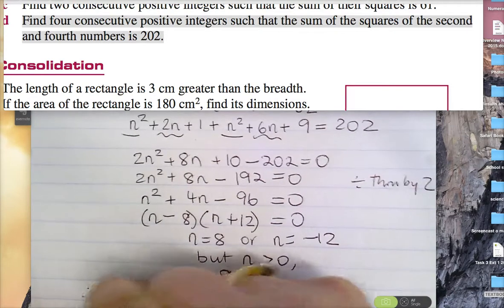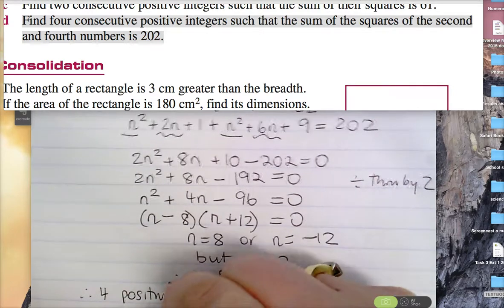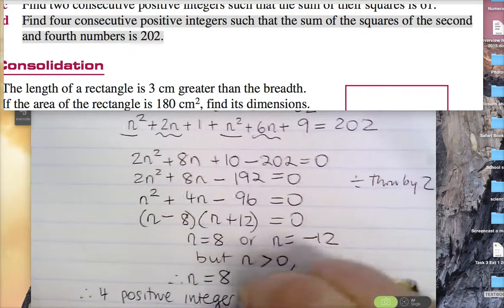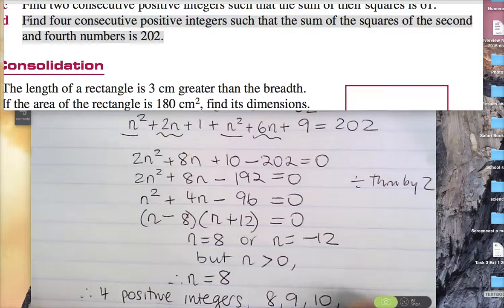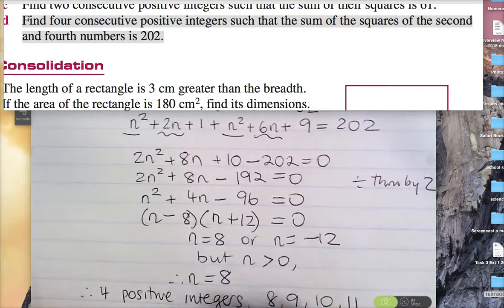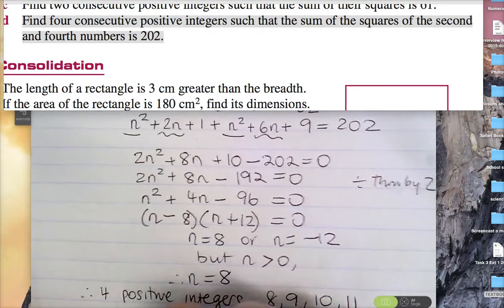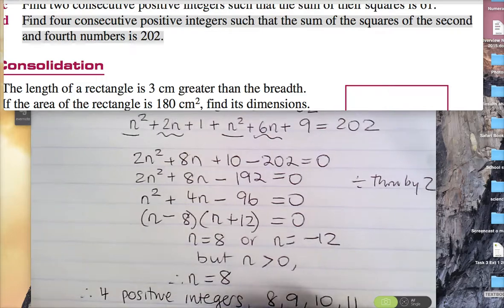Therefore, the 4 positive integers are what? Isn't it n, n plus 1, n plus 2? What are they? 8, 9, 10, and 11. Remember, the 4 positive integers are n, n plus 1, n plus 2, and n plus 3.